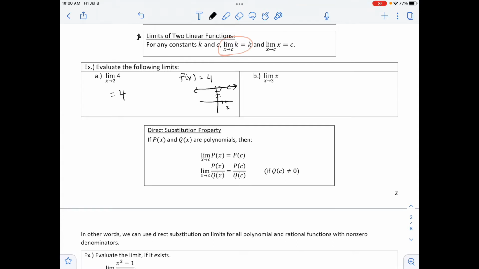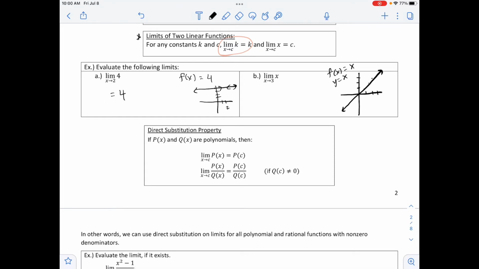The next one that we have is the limit as x approaches 3 of x. Again, thinking about this in terms of a graph, this would be f of x equals x, or y equals x, which if you were to graph this, you can see we would have a straight line that goes through the origin and is angled at about a 45-degree angle.